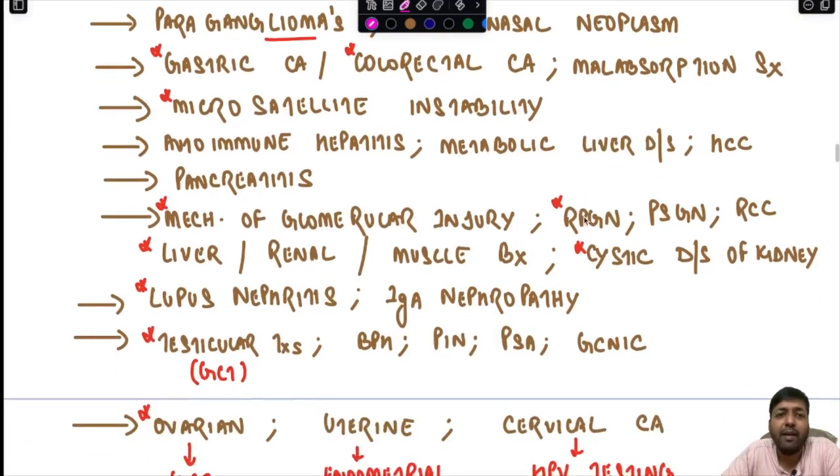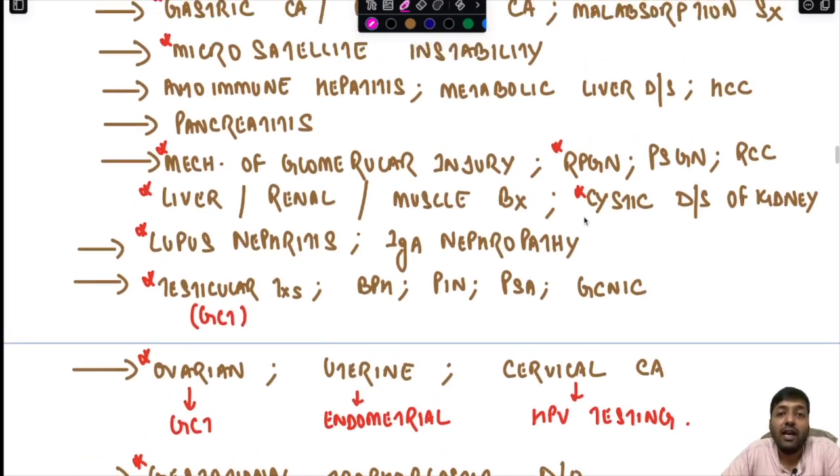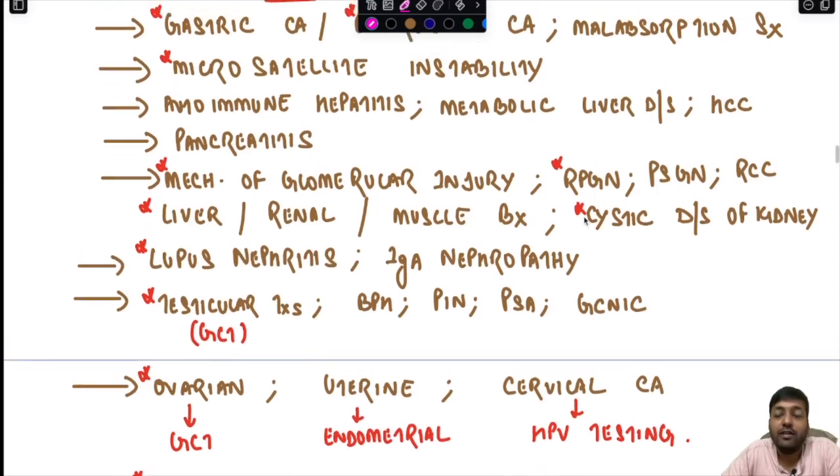Hepatocellular carcinoma again, pancreatitis. Now again, very important: mechanisms of glomerular injury, RPGN, PSGN, RCC. One important question again is the hereditary syndromes. So hereditary RCC syndrome or hereditary breast carcinoma syndromes are very commonly asked as well.